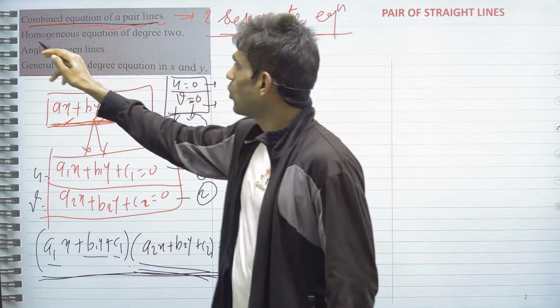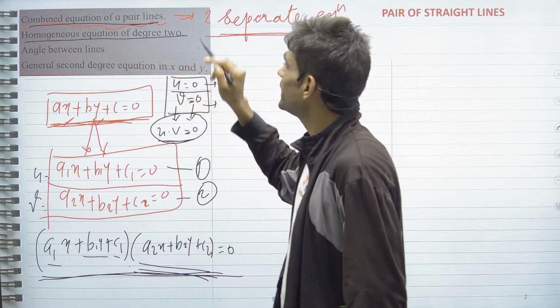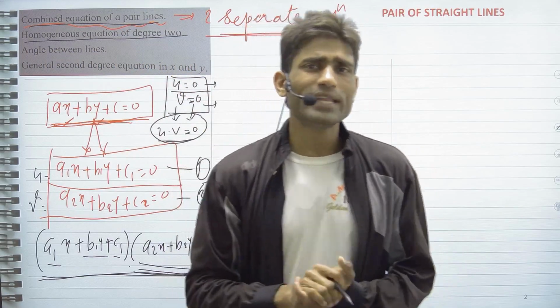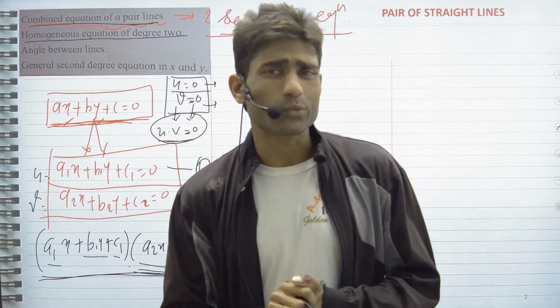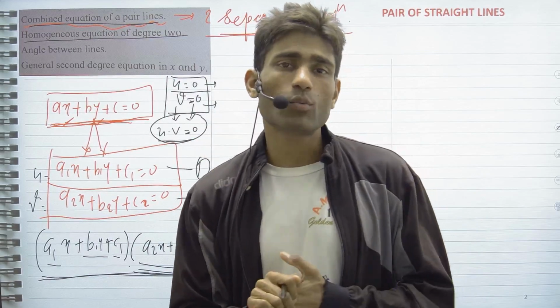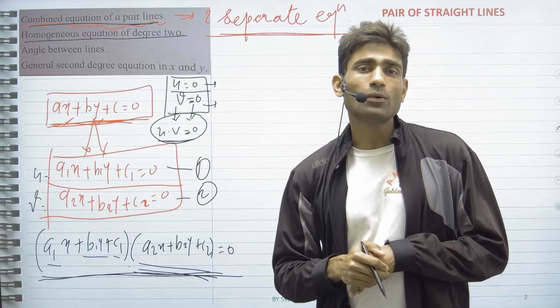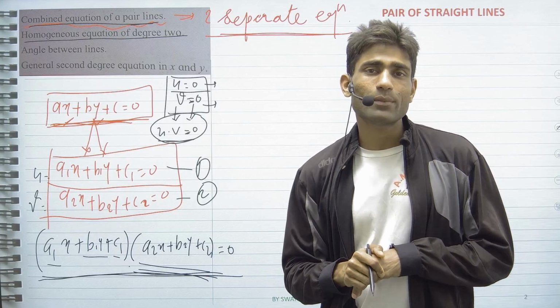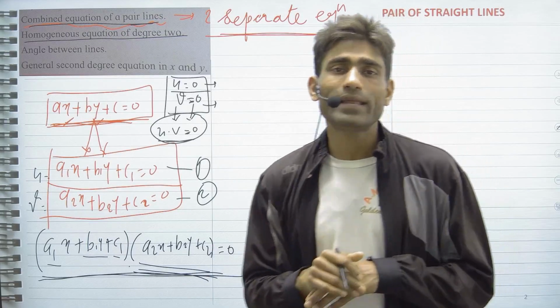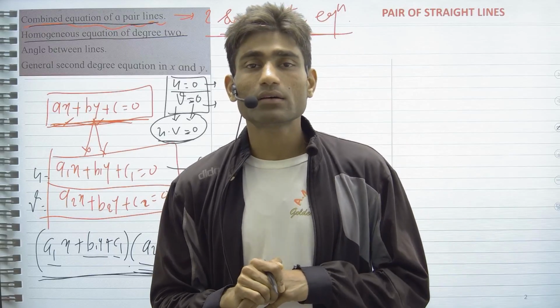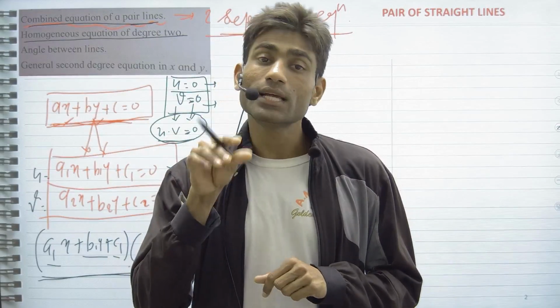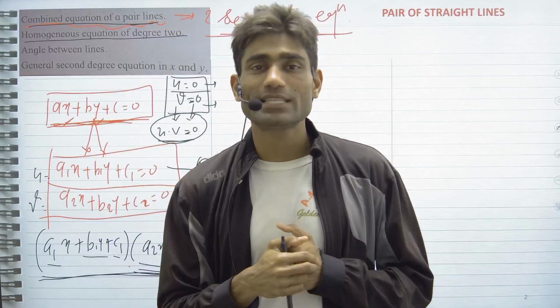Now after that, homogeneous equation of degree 2. Let me explain what is meant by a homogeneous equation of degree 2. Whenever the power of the variables is similar everywhere in our equation, and the power is 2, then we consider it a homogeneous equation of degree 2.